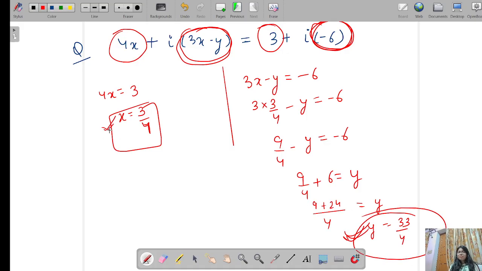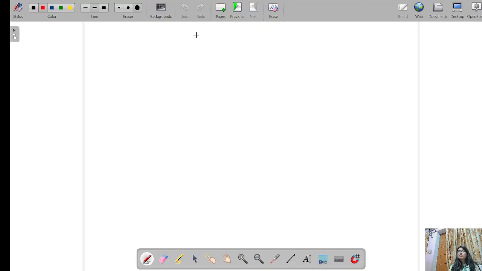Here I have found the values of x and y by comparing real part with real part and imaginary part with imaginary part. Now we always come across the algebra of numbers. If I have a number 4 and a number 3, I know what I'm going to do for the algebra: 4 plus 3 I can find, 4 minus 3 I can find, 4 into 3 I can find, 4 divided by 3 I can find.